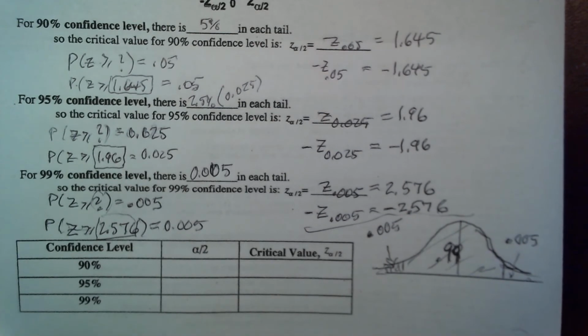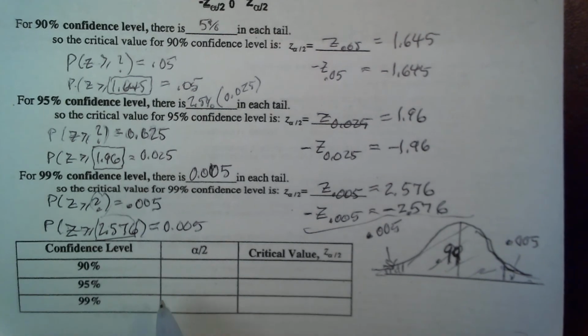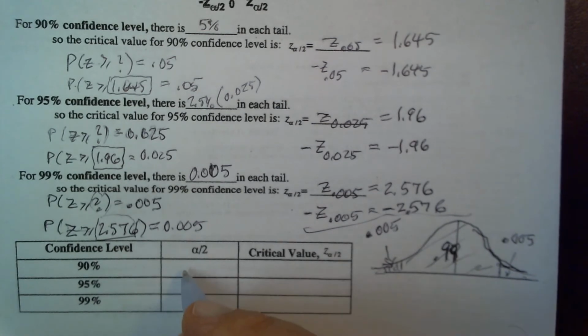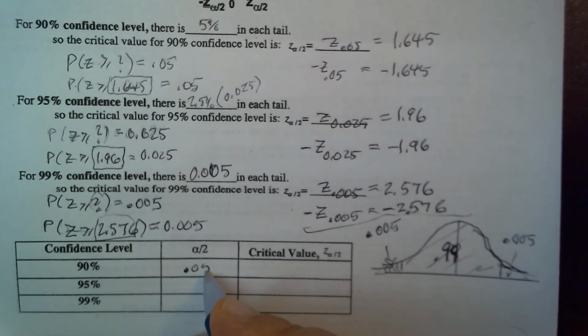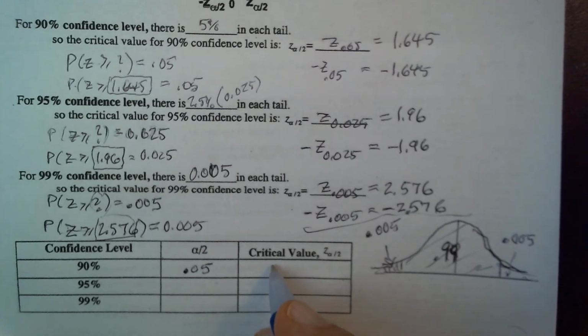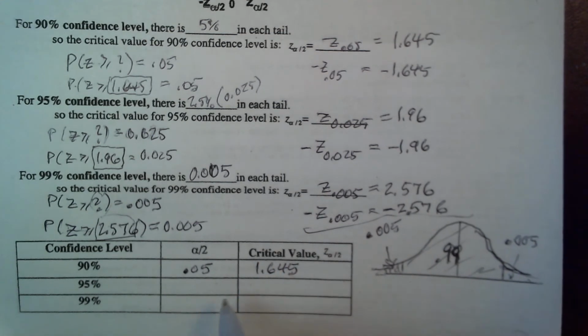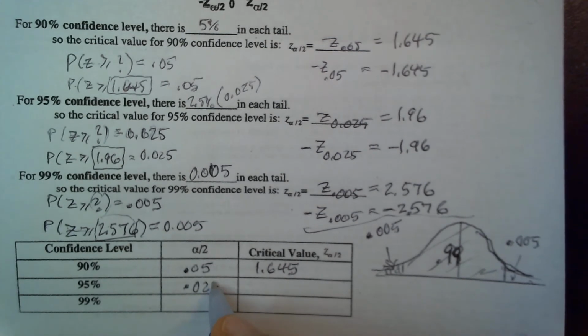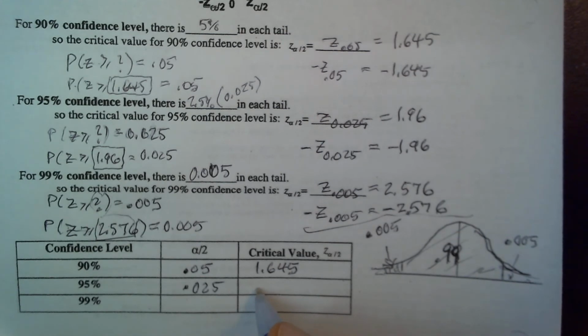So we can summarize everything very neatly here in a little table. For the confidence level of 90%, alpha divided by 2 is 0.05, and the critical value, z sub alpha divided by 2, would be 1.645. For the 95% confidence level, alpha divided by 2 would be 0.025, and the critical value is 1.96.